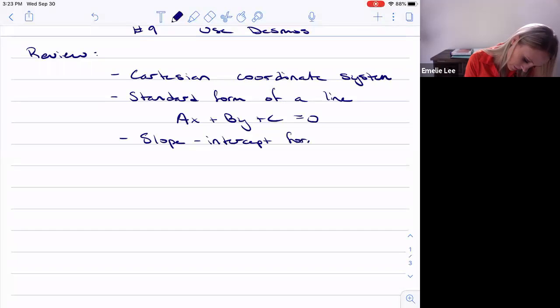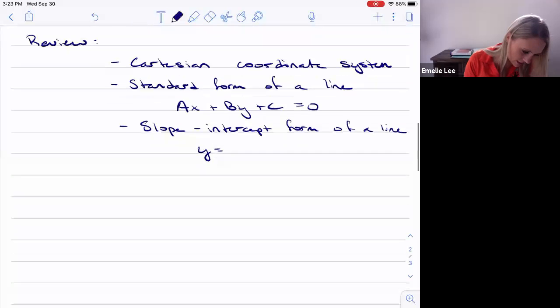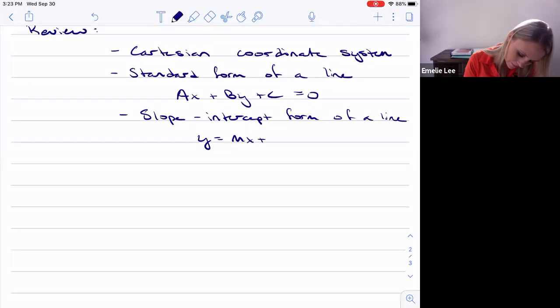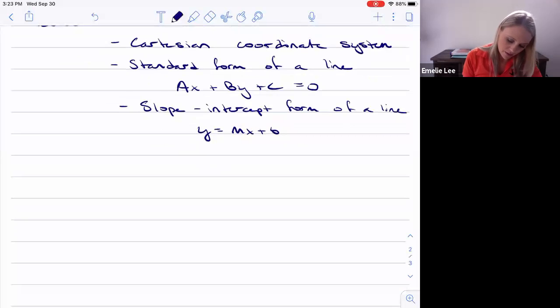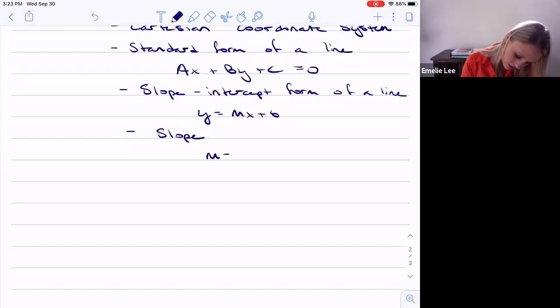Slope-intercept form of a line, which is essentially y equals mx plus b, or some version of that. We also talked about the slope, so components of the slope. Remember in the slope-intercept form, m is the slope and b is the y-intercept, right?